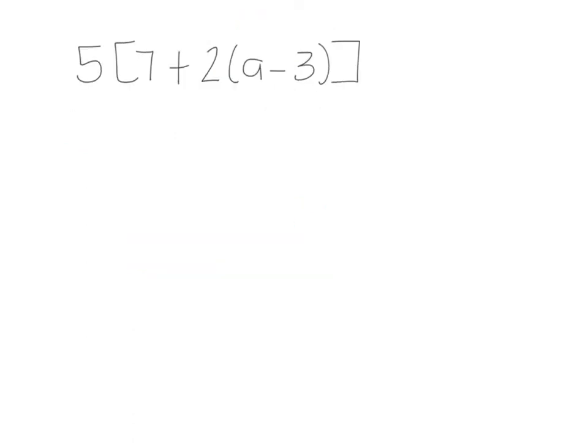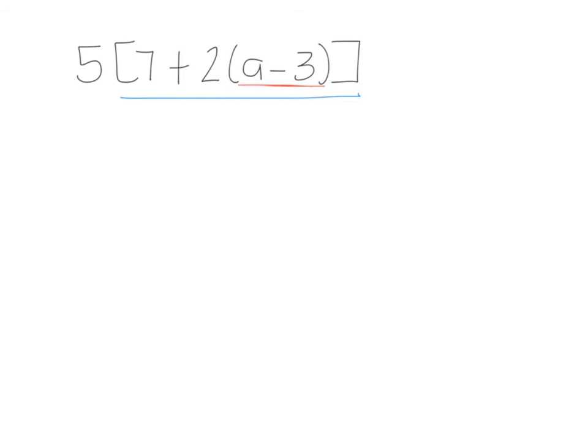All right, in our third example, we see brackets, and then we also have parentheses within those brackets. So we would start with our brackets, with order of operations, and with these parentheses of a minus 3. But a and 3 are not like terms, so we cannot subtract a minus 3.